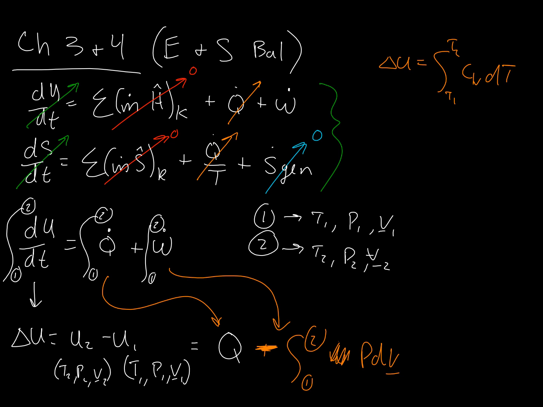Okay. So let me move on very quickly here. We kind of brushed over chapter 5 in the book with cycles. We kind of picked that up along the way. Chapter 6 was the combined first and second laws. And effectively, this is where we derived this expression.